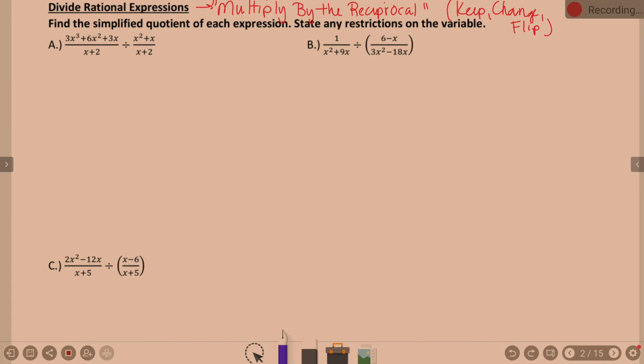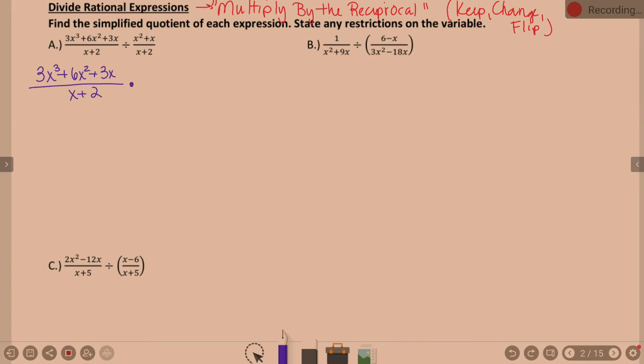So when we say multiply by the reciprocal or keep, change, flip, that means I'm going to keep my first fraction as is. So I'm going to keep 3x cubed plus 6x squared plus 3x over x plus 2. What am I changing? I'm changing division to multiplication.